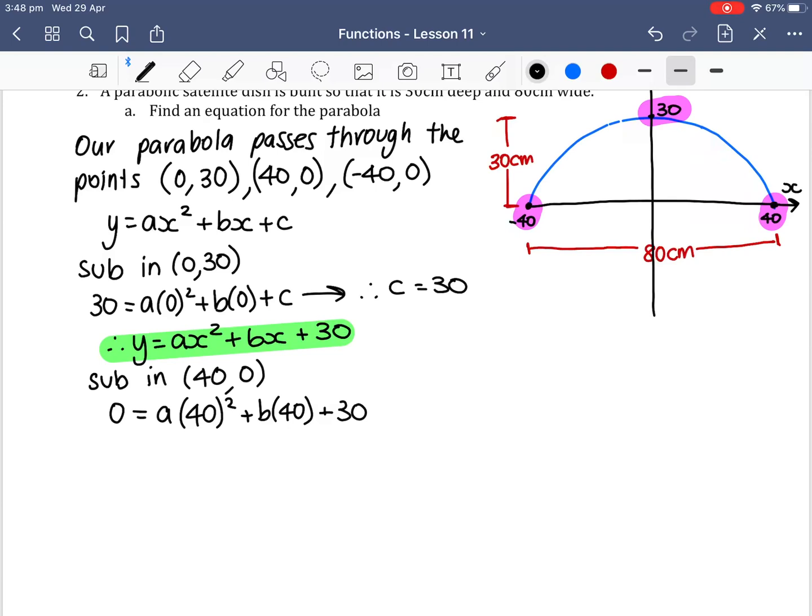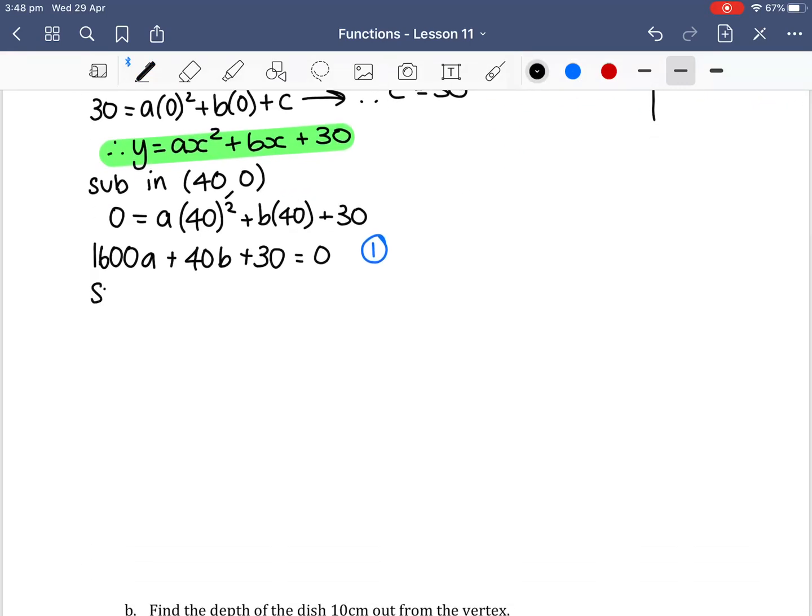We're just going to move everything to the left-hand side of the equation. So we have 1,600a plus 40b plus 30 equals 0. And we're going to call this equation 1. And then we're going to sub in our negative 40, 0.